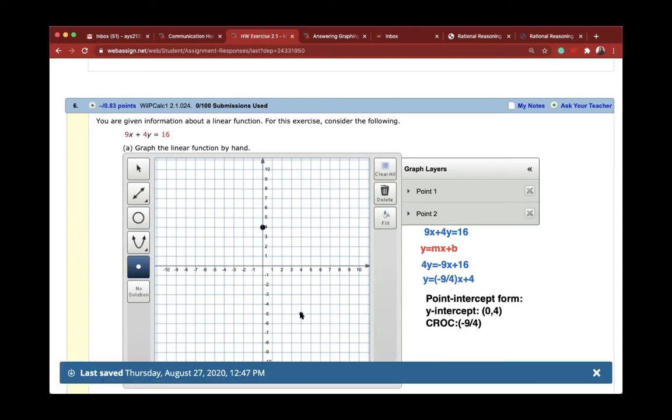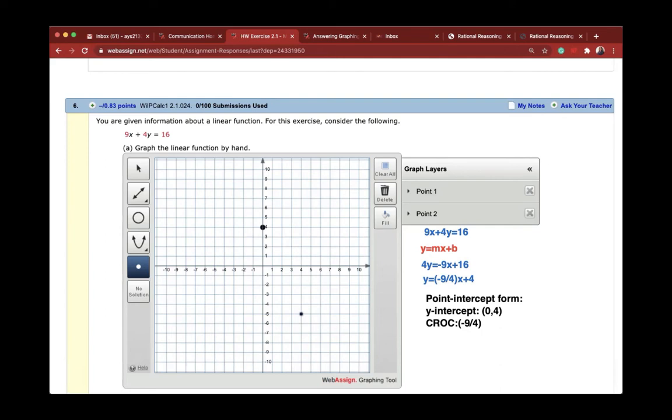Now, something else I want to show you, if you're not using the rise over run method, you can also think about this situation. Remember, if we have a linear relationship and a constant rate of change, the constant rate of change is m equals the change in y over the change in x.